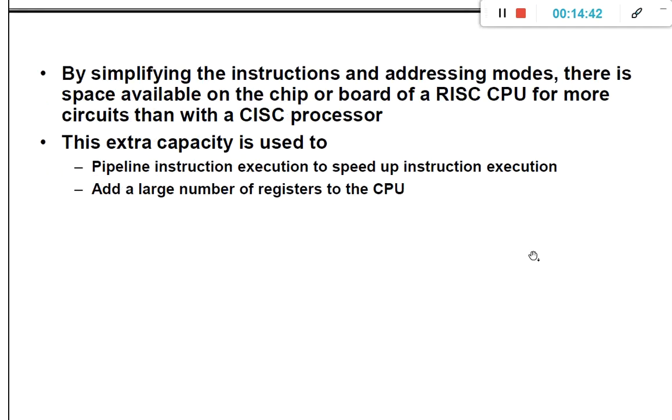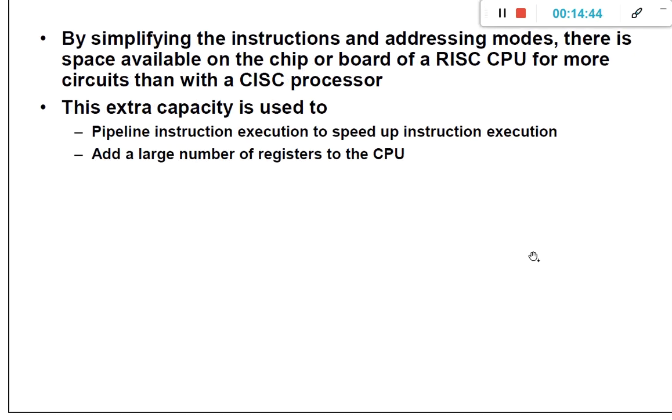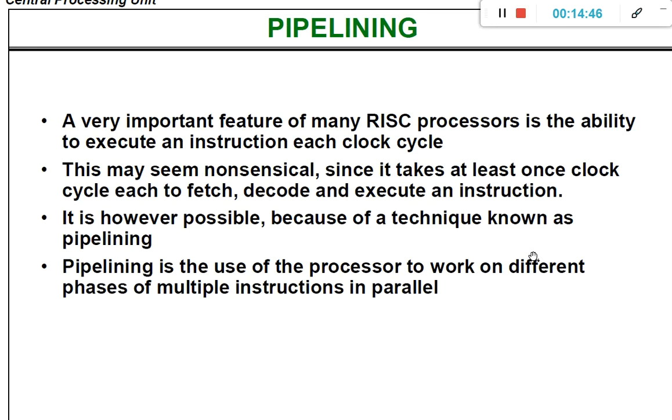Then what is meant by pipelined instruction execution? Pipelined instruction execution is parallel execution. In the execution of a particular instruction, the different cycles available are the fetch, decode and execute phases.